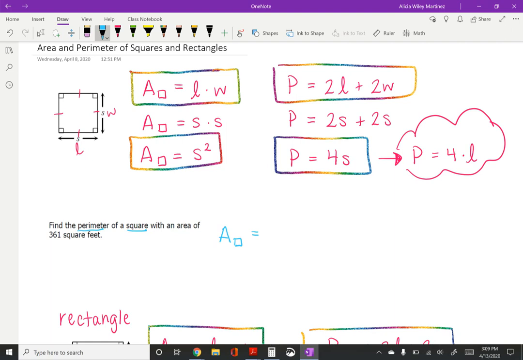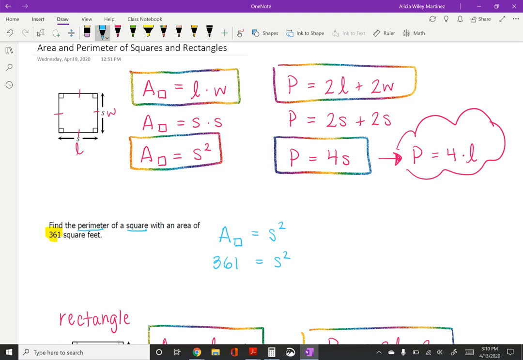So if you want to use S, you can. You can also use L. I'm just going to go ahead and use S for side length. You could also use X, right? Now, we don't know what that side length is, but we do know the area. We know that the area is 361. So in place of the area, I'm going to put 361, and that's going to equal some side length squared.